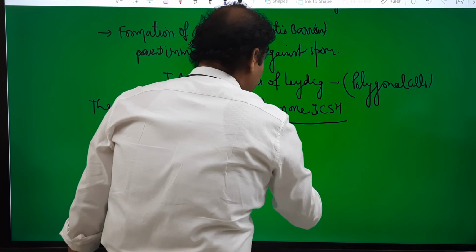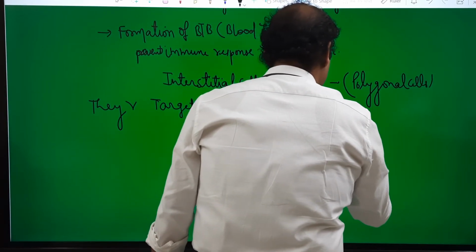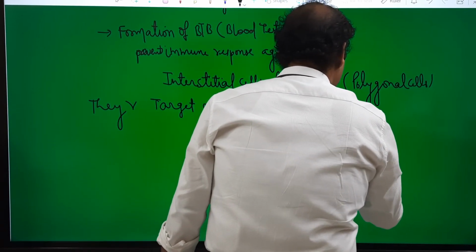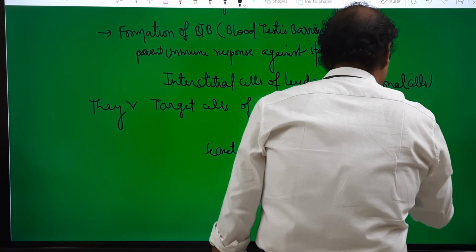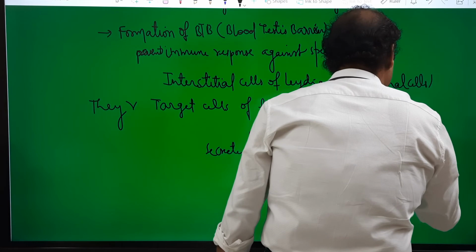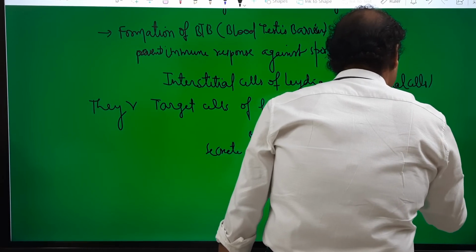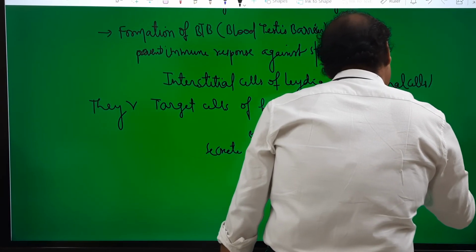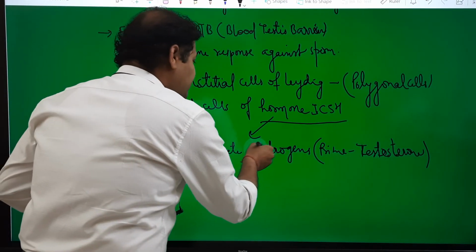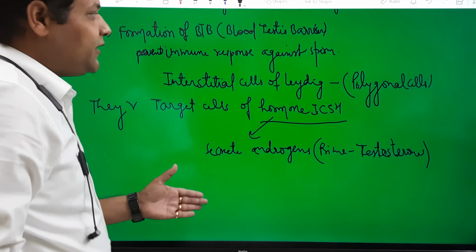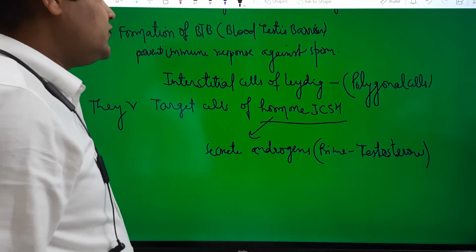The prime androgen is testosterone. Androgens means male sex hormones, a group of many steroids, and the prime steroid is testosterone.